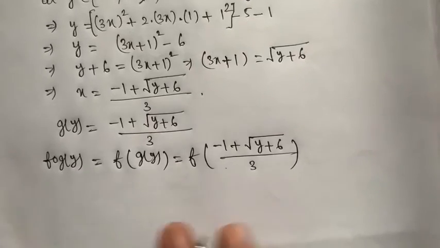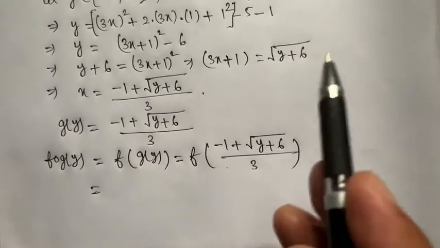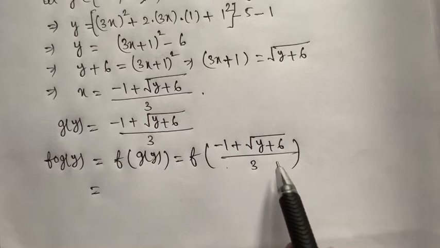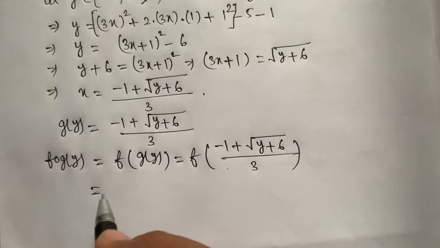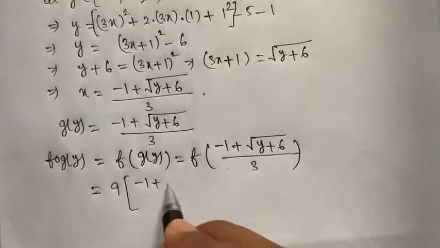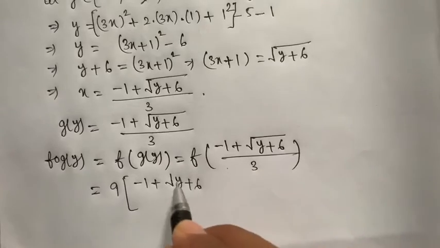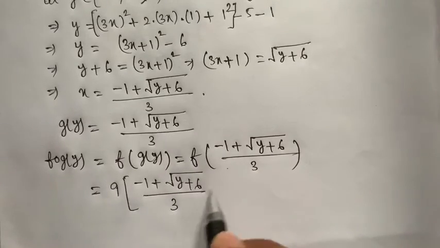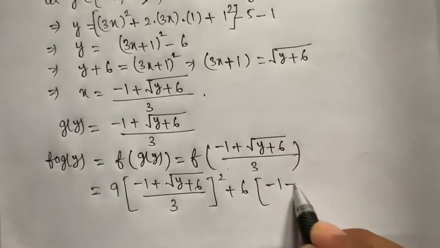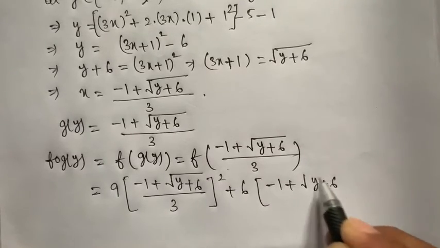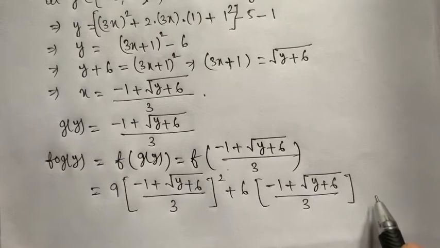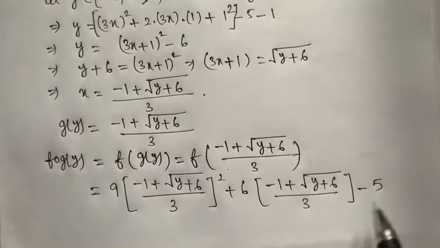Now we will replace x in fx by minus 1 plus root under of y plus 6 by 3 to obtain 9 into minus 1 plus root under of y plus 6 by 3 whole square plus 6 into minus 1 plus root under of y plus 6 upon 3, and it is minus 5.